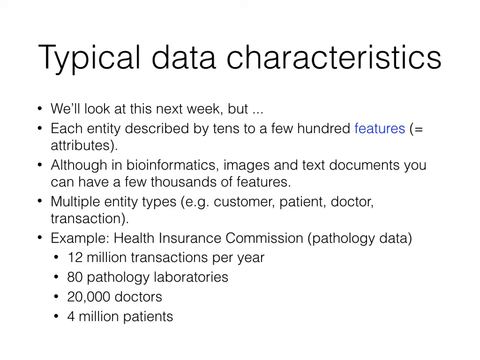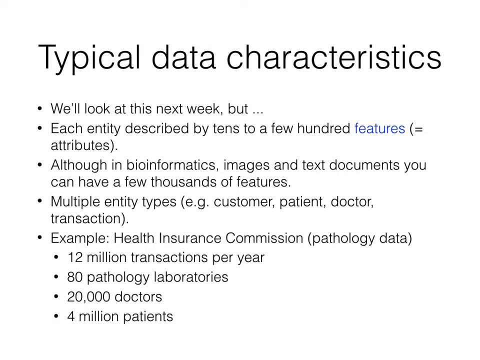So in terms of the data, there's a whole lot of different characteristics that data has. And we're going to look at this over the next few weeks, but just to give you a bit of a heads up on where we're going, we have each entity, so an entity is like a customer or a patient or whatever, is described by 10 to a few hundred features or attributes.